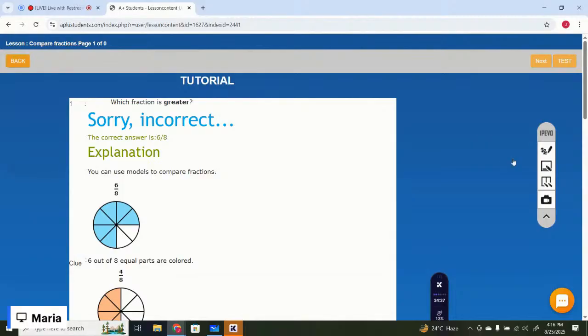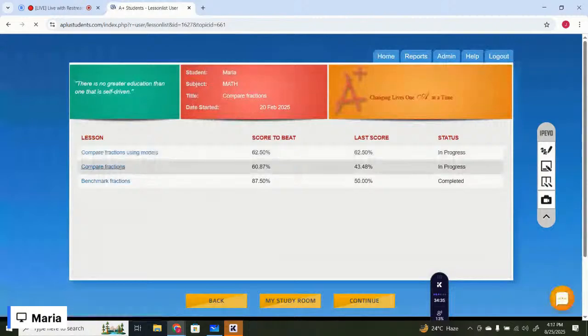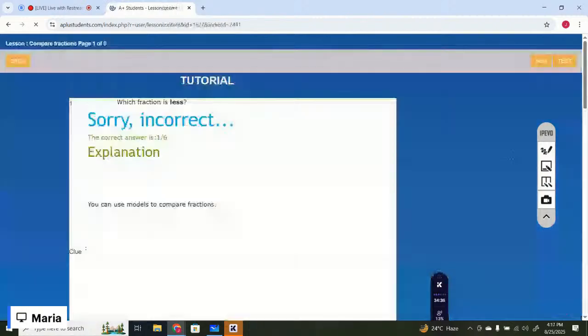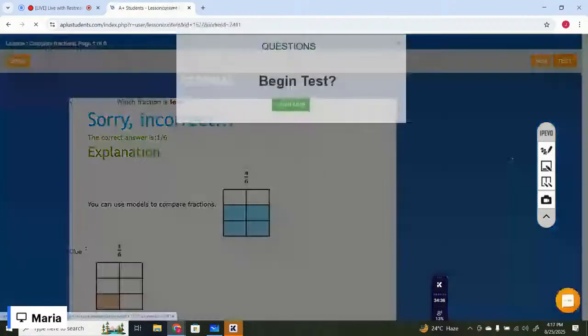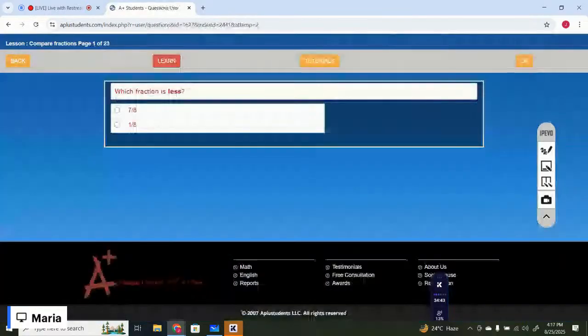But we just finished with compares. Okay, again compare fractions. Let's start with the test questions. Which fraction is less, 7 over 8 or 1 over 8?